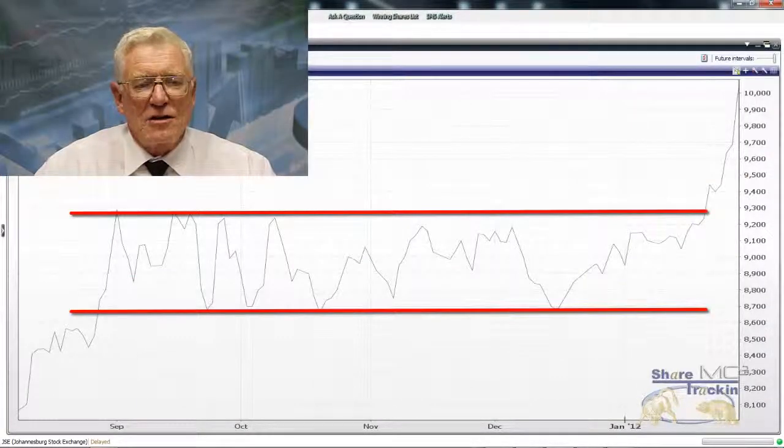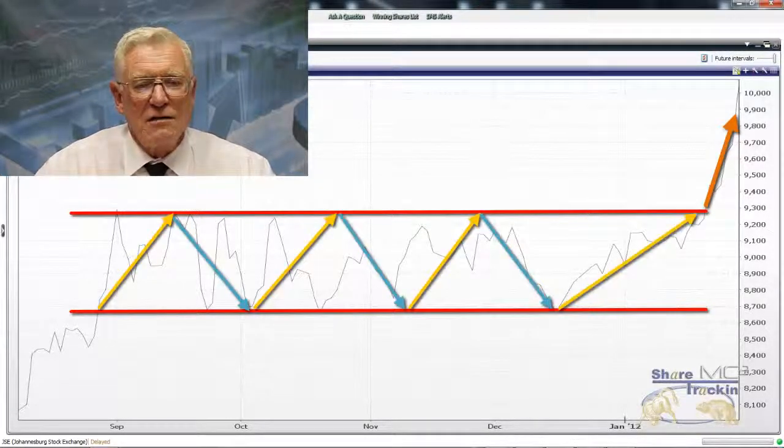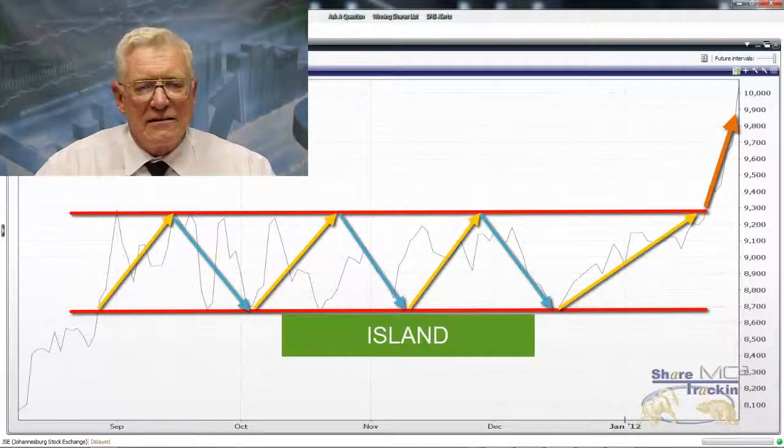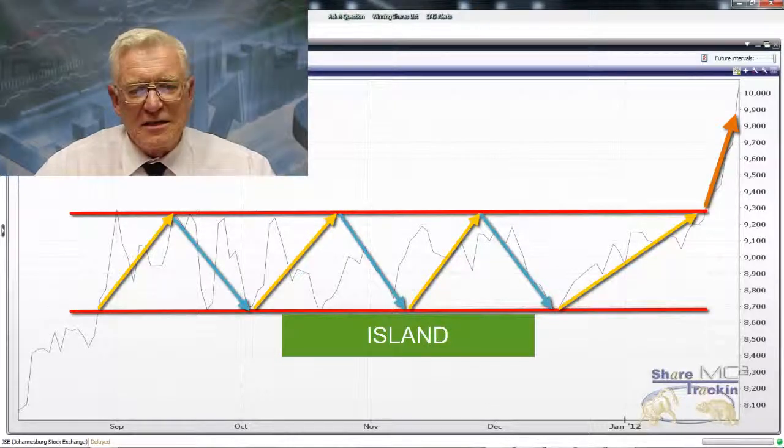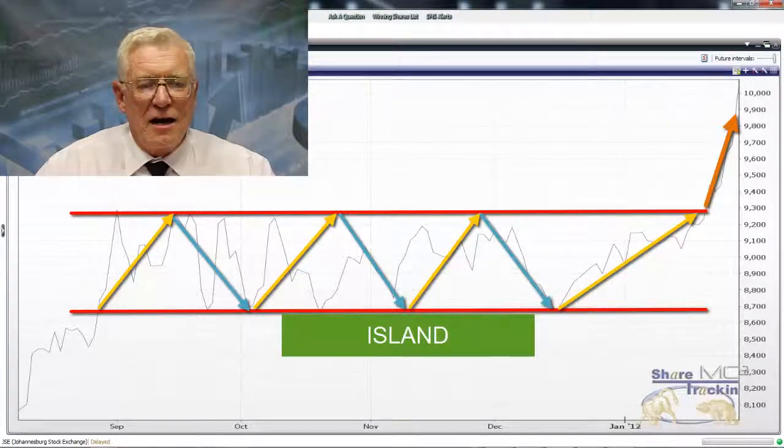A sideways market can occur after a long downward trend, as it has in this chart. If the breakout is on the upside from such a sideways market, then it is called an island. The entire formation, that is, the downward trend, the sideways movement, and the upward trend, are called an island.